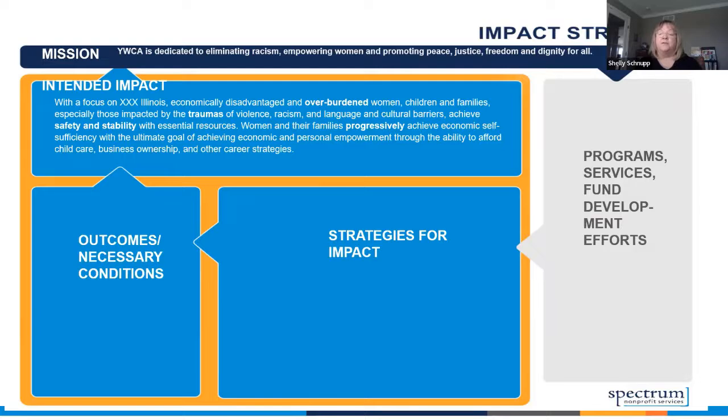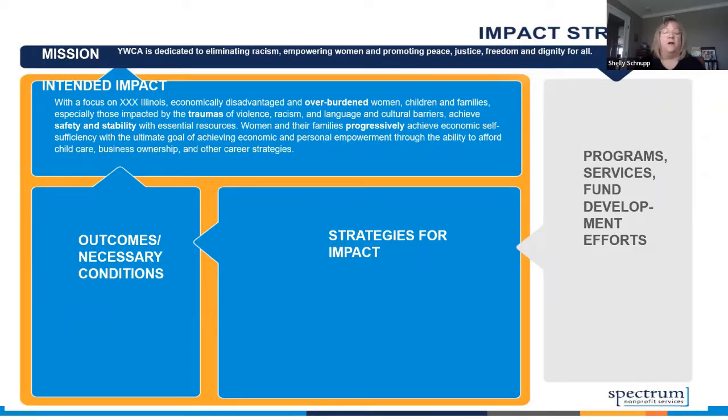The intended impact statement tries to capture what the organization does and should help define what the organization doesn't do, where it focuses its attention, where it focuses resources. And a good impact statement should provide direction for strategies and programming.